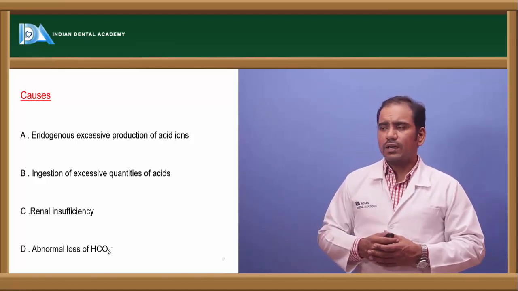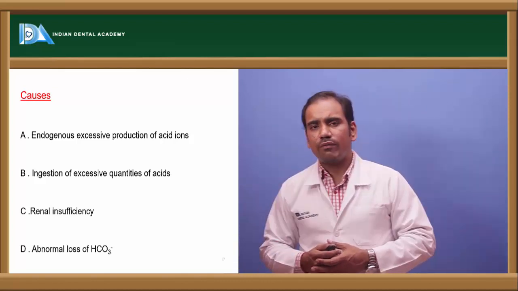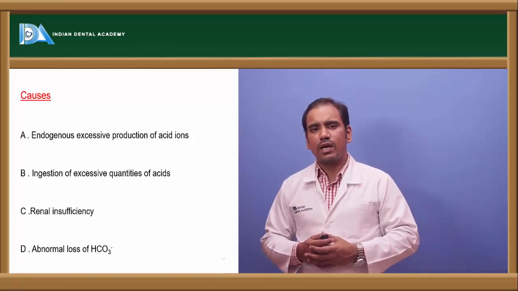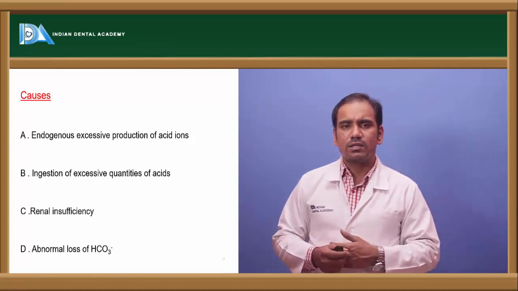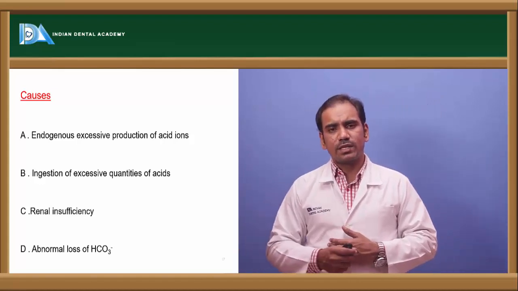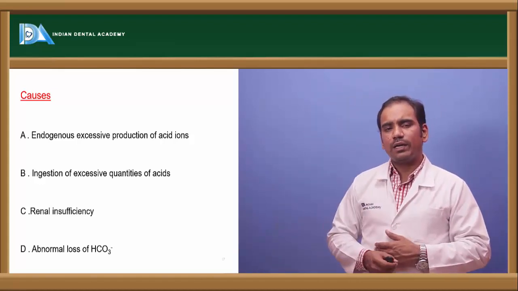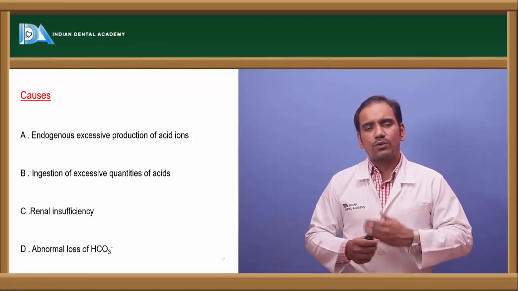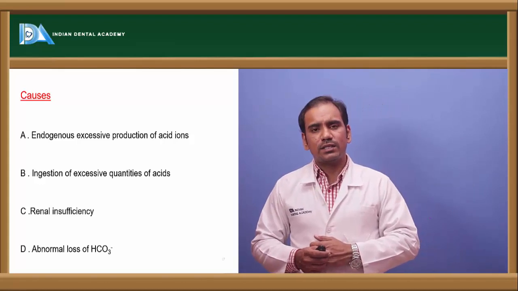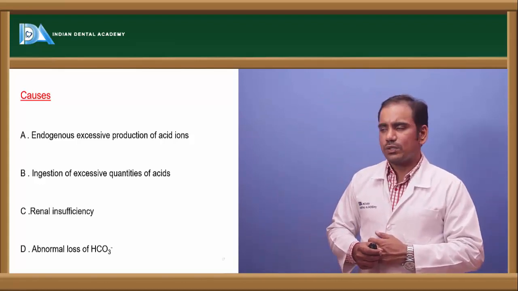When you take an excess amount of acids, that also leads to consumption of the alkali reserve. That is one more reason. And renal insufficiency: when the renal system fails to excrete H plus ions and reabsorb the bicarbonate, then it also affects the bicarbonate to carbonic acid ratio, so that will be lowered, and in that condition also it leads to metabolic acidosis.